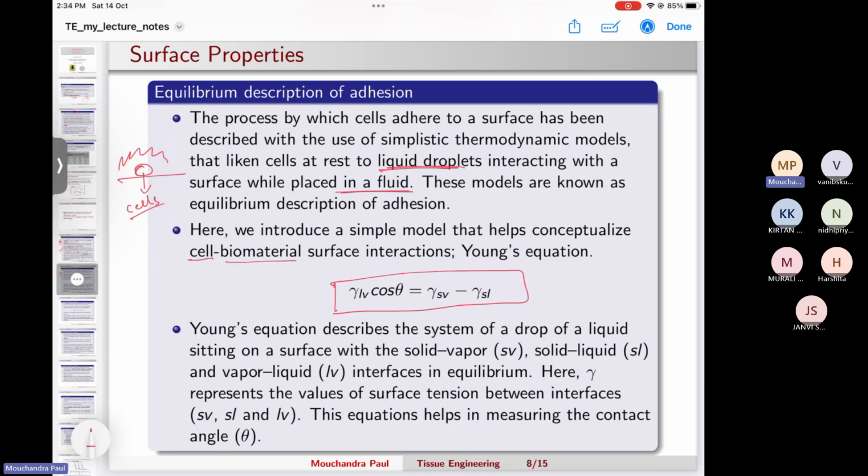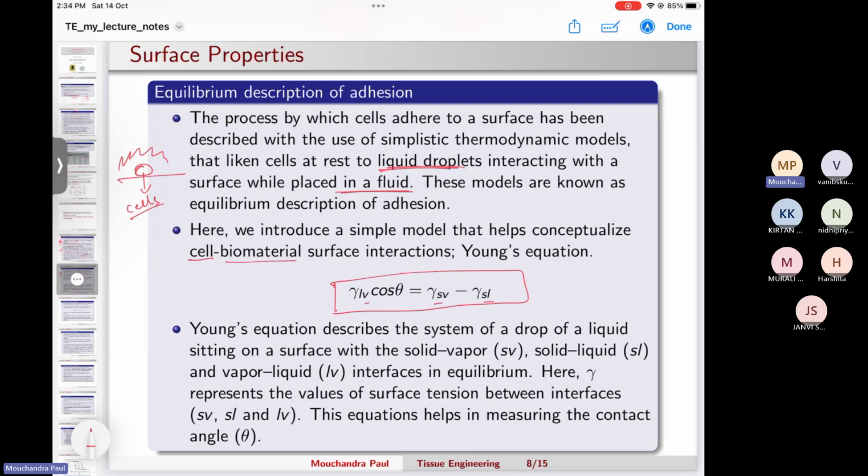In this equation, these gammas are the surface tensions. I think you have studied surface tension in class 12th. Surface tension is measured between two interfaces: liquid-solid, liquid-vapor, or vapor-solid.